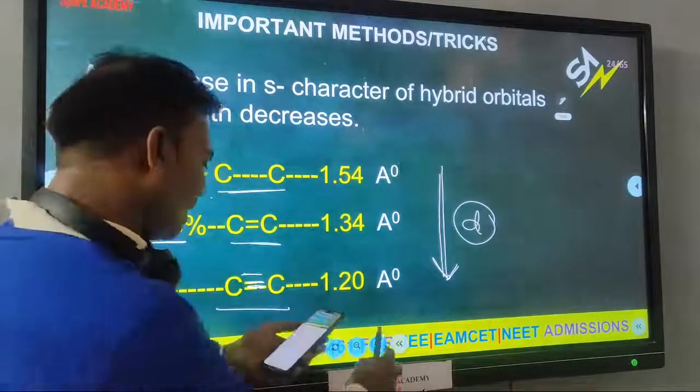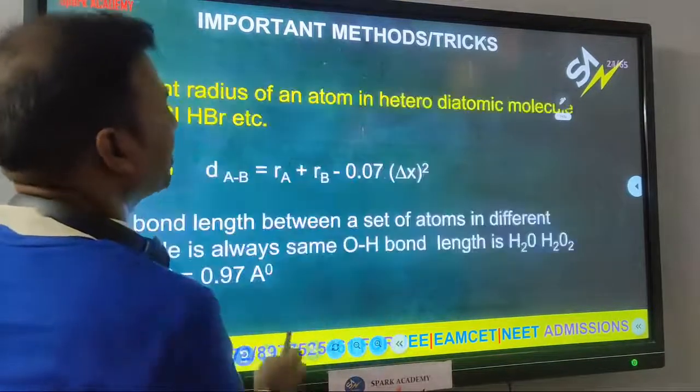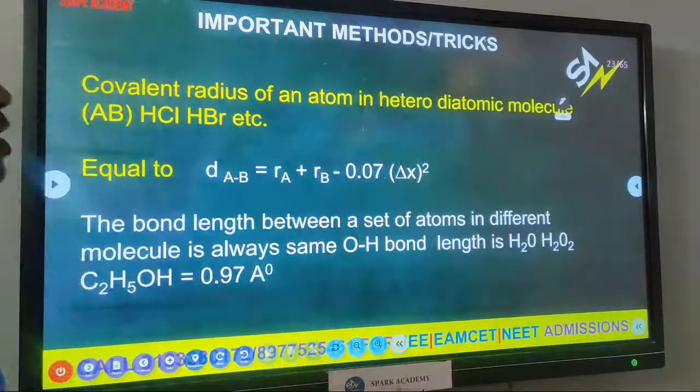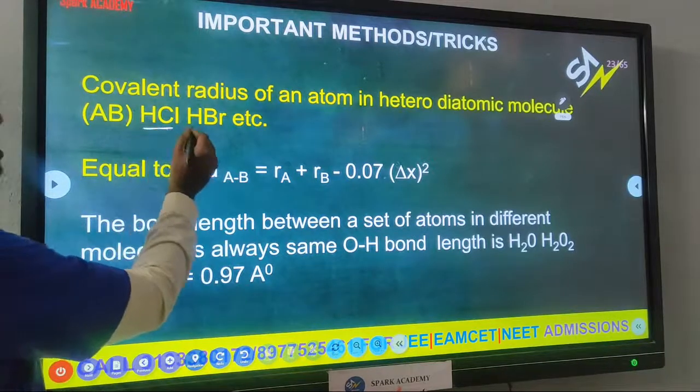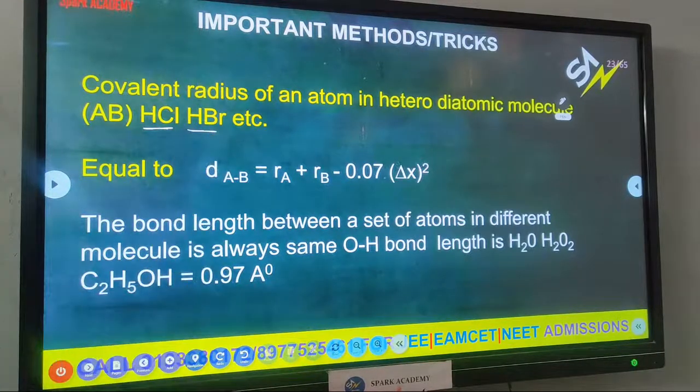Can we go once again? Heterodiatomic molecules means they are made up of different atoms. HCl contains 2 different atoms, a heterodiatomic molecule. HBr contains 2 different atoms, a heterodiatomic molecule.